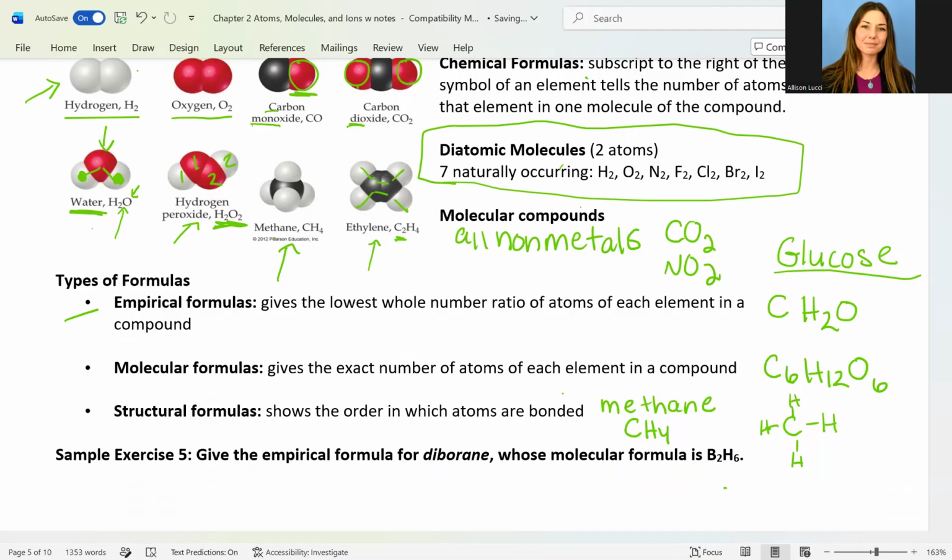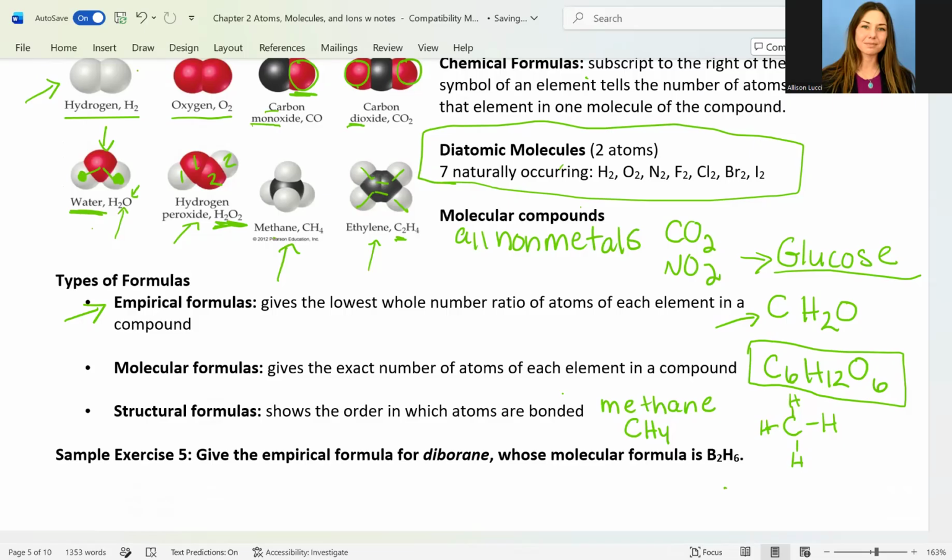So an empirical formula is the lowest whole number ratio of the number of atoms of each element in a compound. So I have an example over here for glucose. Glucose, the molecular formula, the formula that shows us the exact number of atoms of each element is C6H12O6, but in the empirical formula up top here, that's the lowest whole number ratio.